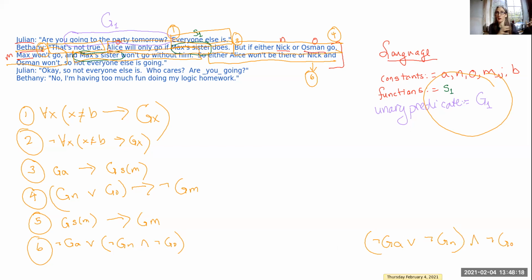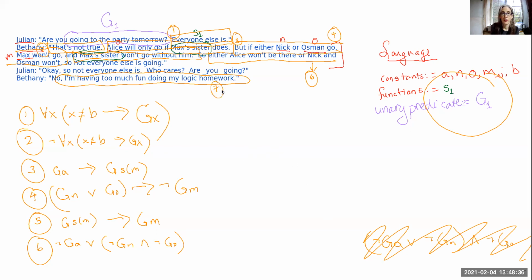I've just switched the placement of the parentheses, and it doesn't mean the same thing. So it's very important that we have our parentheses to indicate which of the two connectives is the main connective. And then, of course, we have the final statement, number 7, which is just the statement that it's not the case that Bethany is going.